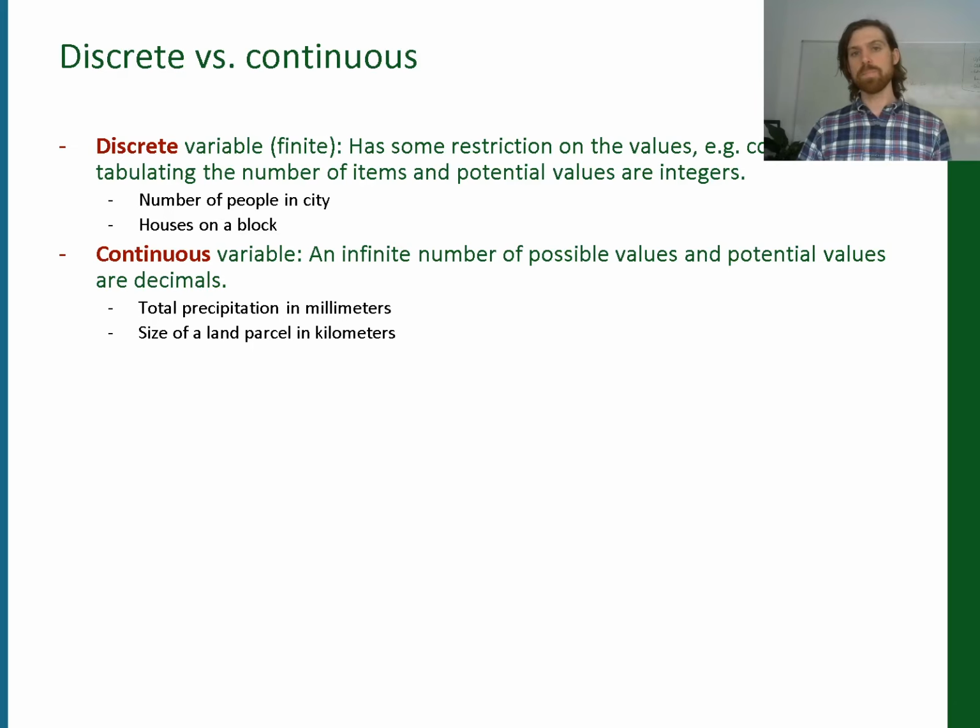And that's juxtaposed with continuous variables, which have an infinite number of possible values and decimals. If you think of how we define distance, in reality, we might define something as a kilometre or a metre or a millimetre, but actually we can keep going down and down and down until we find infinitely smaller portions of that individual unit, and that's why it's continuous.